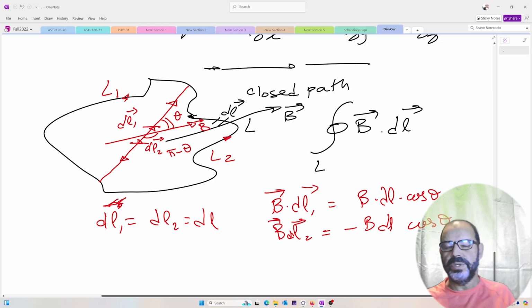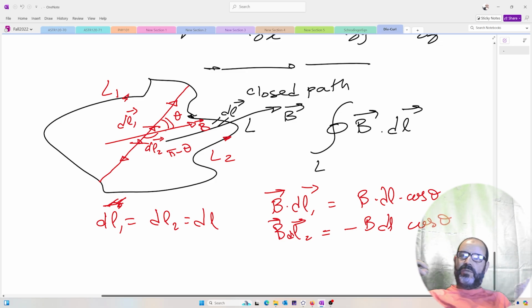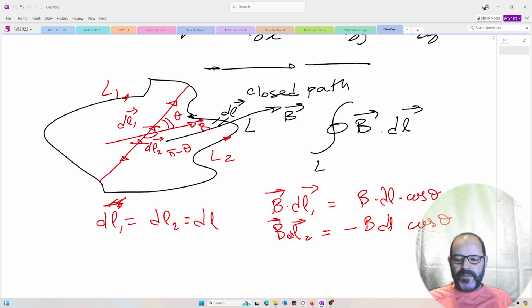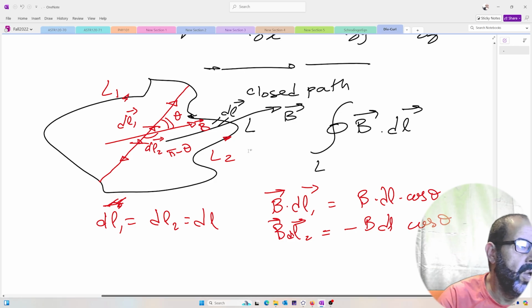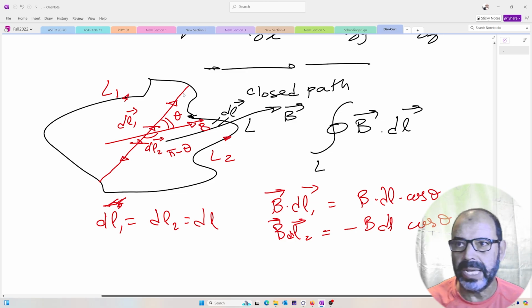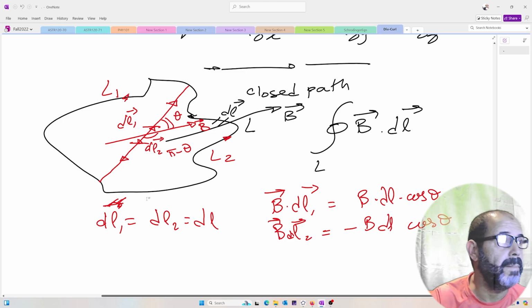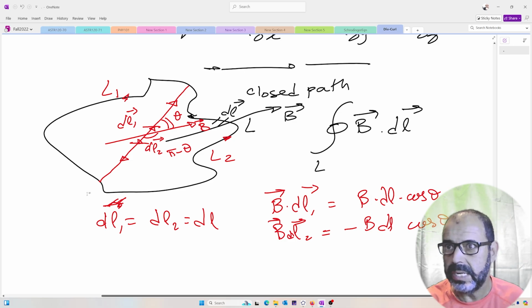The two quantities are the same, except the sign is different, therefore they cancel. Which means that if I am summing this quantity over L2, at some point I'm going to take this contribution, and if I'm summing it through L1, I'm going to take the negative of that contribution, and they would cancel out, and I end up with the sum for the path L here, plus the sum of the path L in there, and that is exactly the overall integral.